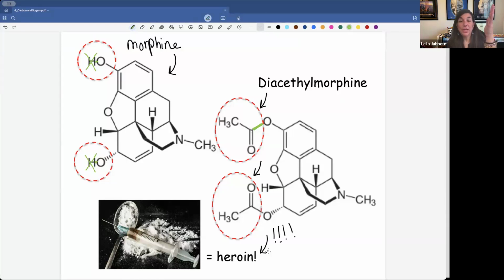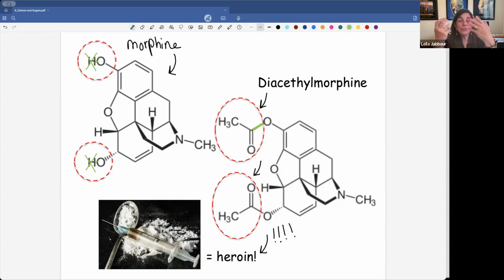You have heroin. And so this was actually invented in a lab. Morphine is a substance that's naturally found in poppy seeds, right? The poppy flower, the red flower, has seeds. If you crush them and extract the active ingredients in the seed, the active component is morphine.